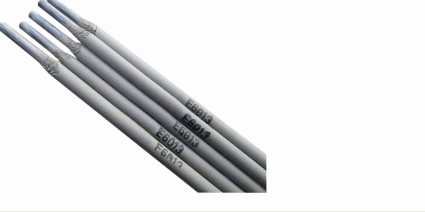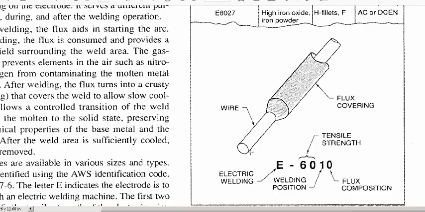Now what do these numbers mean? Well, I'm glad you asked, because here's your understanding. Your flux composition, well, let's talk about strength first. Your tensile strength, or what we refer to as the strength of the material, the actual metal strength, is 60, and this is of course in KSI.